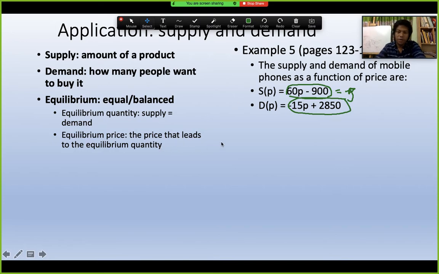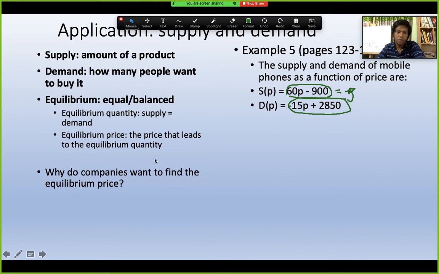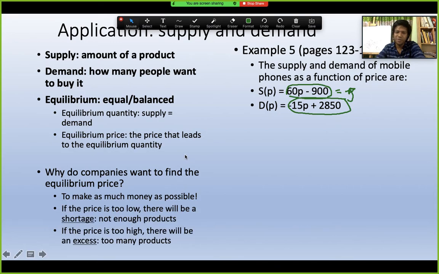Anyway, now if our question is to find out the equilibrium price, what do the companies want? They want to make as much money as possible, to make profit. Why is this equilibrium price needed? To make profit, because the equilibrium price is the price where your supply and demand intersect, match with each other.